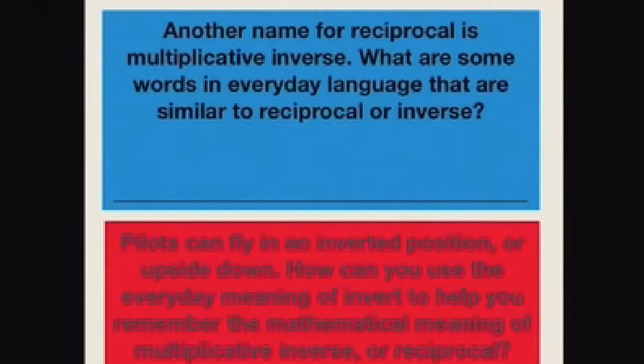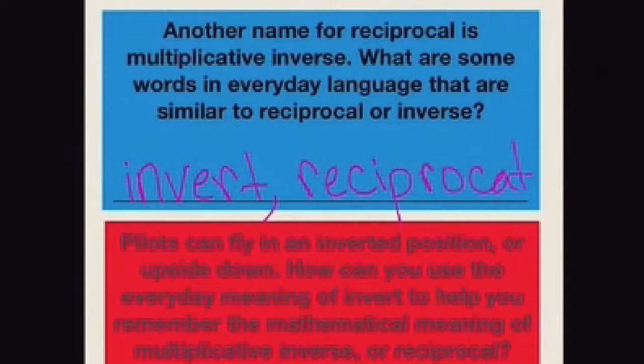Maybe you've heard the word invert before, and this doesn't have to be words from math. It could be from anywhere. Or maybe reciprocate. Those are words that are similar to multiplicative inverse and reciprocal.